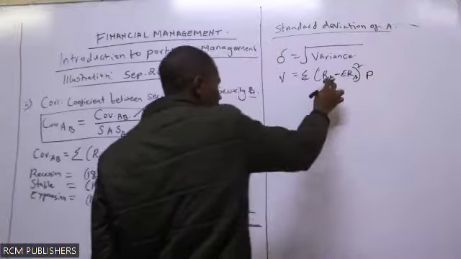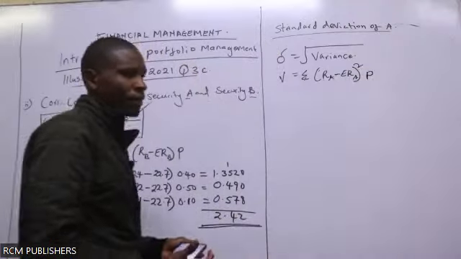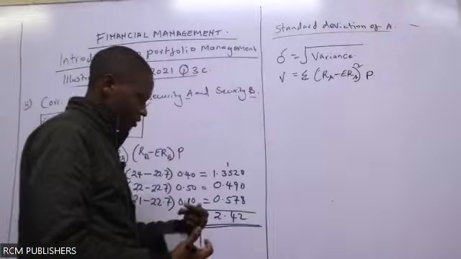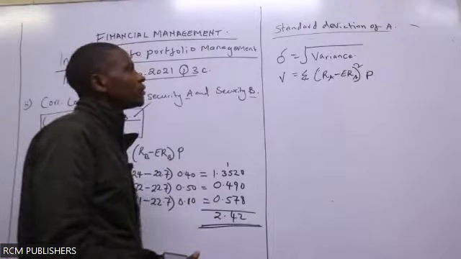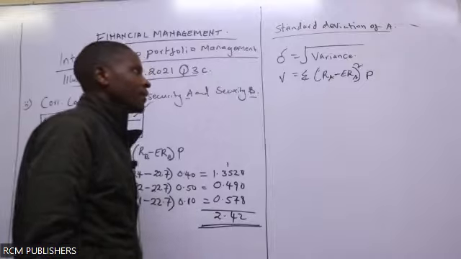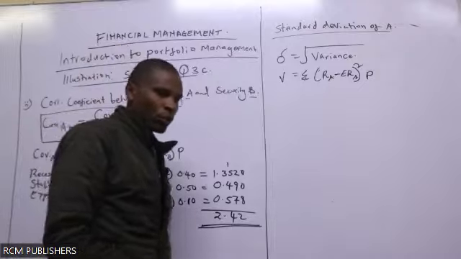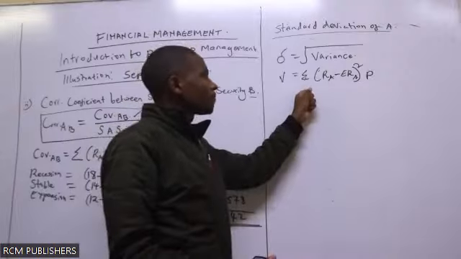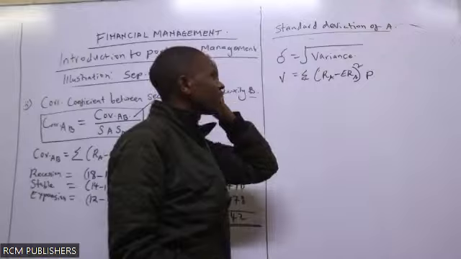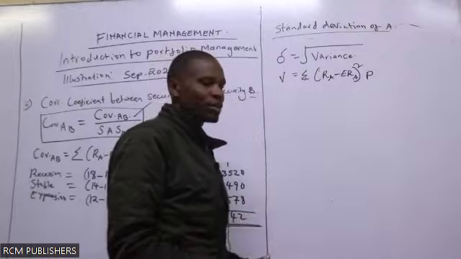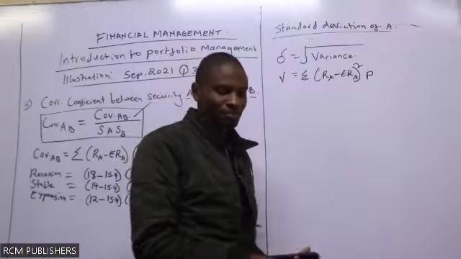Once you know this, it becomes easier for you to sort this. So with that, I give you 3 minutes to compute the standard deviation of security A. 3 minutes.